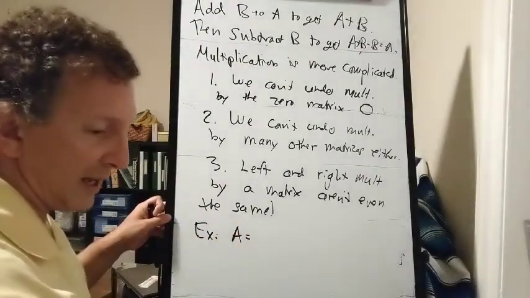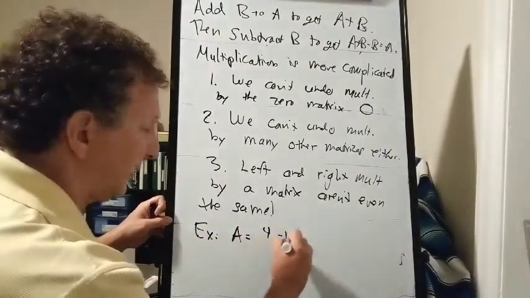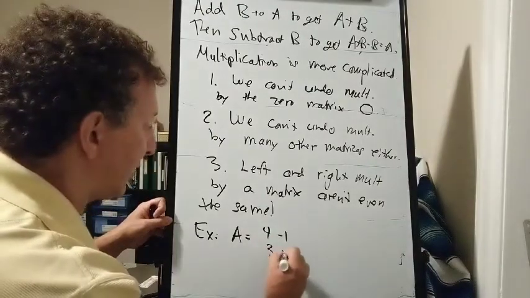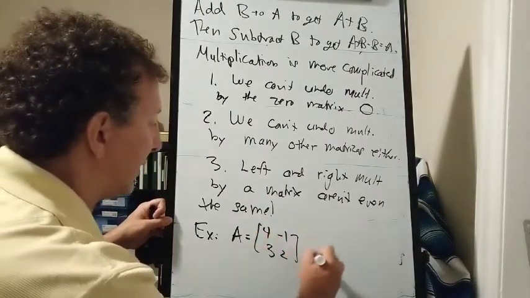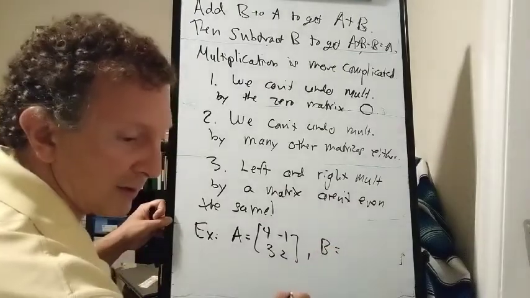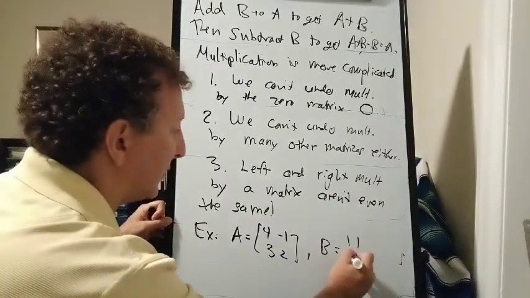For example, let's let A be the matrix 4, -1, 3, 2, and let's let B be the matrix 1, 1, 0, 1.